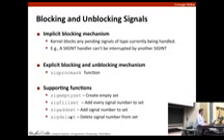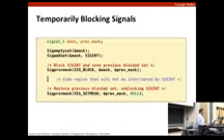So just think of these as bit vectors, and these functions will set and reset the bits in those bit vectors. So let's see how we can use sigprocmask to temporarily block and unblock a signal. This is going to turn out to be very important for you when you're working on your shells, which is your next lab assignment.